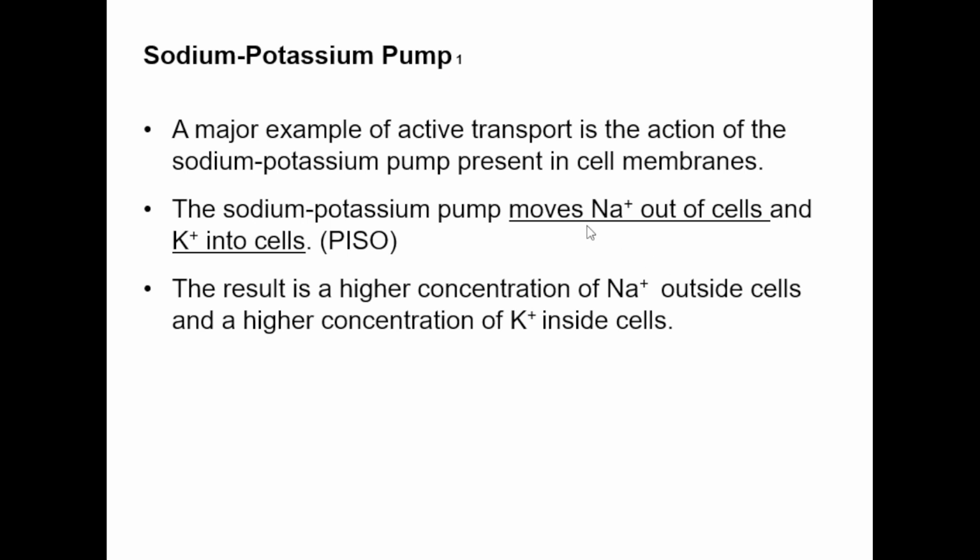It moves sodium out of the cells and moves potassium into the cells. To remember the normal concentration: potassium is in, sodium is out. And what keeps sodium more abundant outside and potassium more abundant inside is the sodium-potassium pump, which is an active transport. All right?